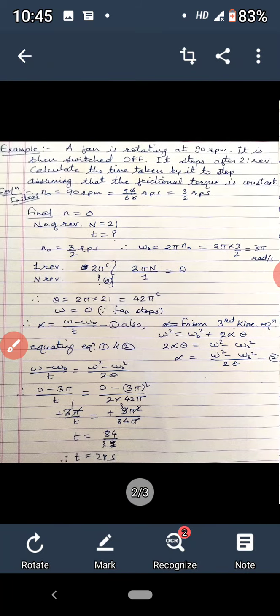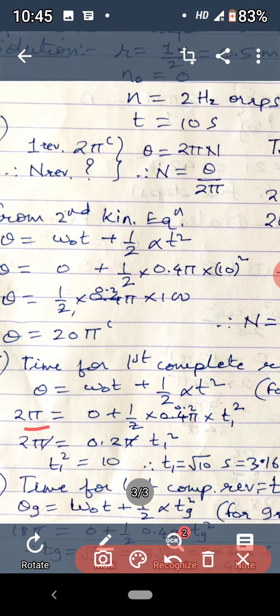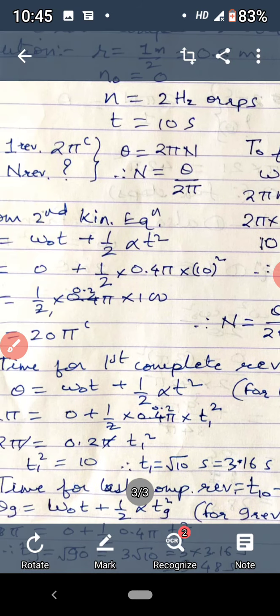So for the first revolution, theta is taken as 2 pi. Omega 0 is 0, therefore the first term is 0. Half alpha t square: alpha is 0.4 pi and t is t1, because for the first revolution the time is t1. If you solve this, we get t1 as root 10 second, and root 10 is nothing but 3.16 second. So this is the time for the first revolution.